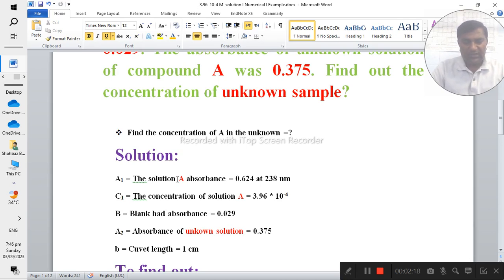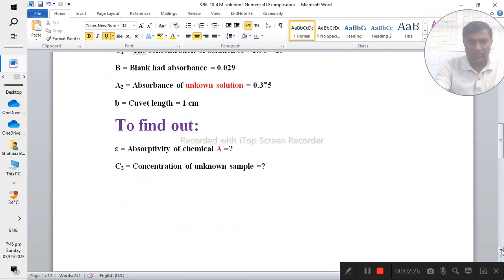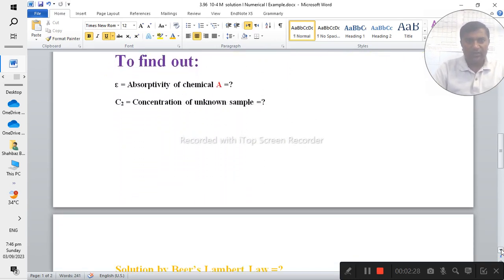B is the path length, that is 1 centimeter. You need to calculate two values: one is the absorptivity of that chemical, the other is the concentration of the unknown sample.